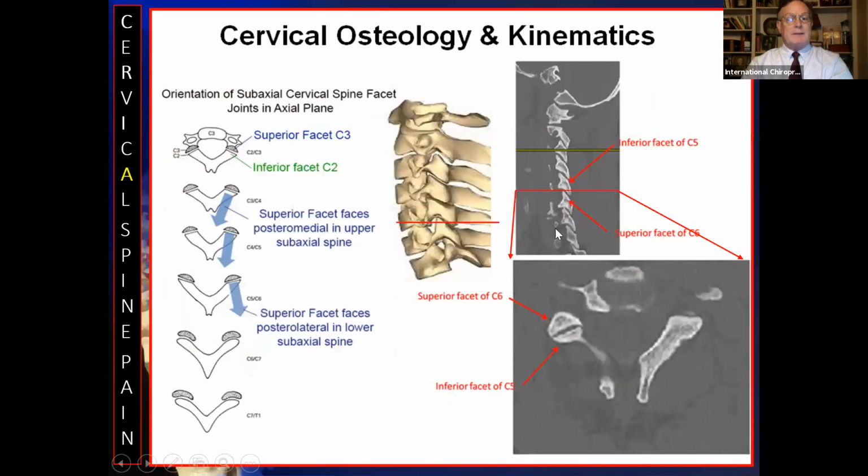Now, one thing I might comment on, if we look, notice how the C2 sits almost perfectly on the barrel of the C3 lateral mass and so forth. When you start getting to C5, see how this begins to elongate. There's actually a pars interarticularis. Notice how these upper facets don't really have a pars interarticularis.